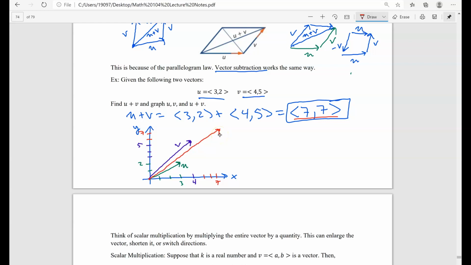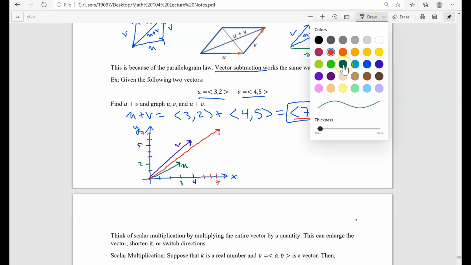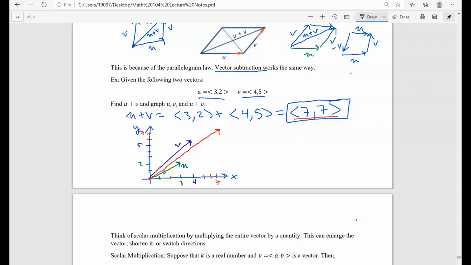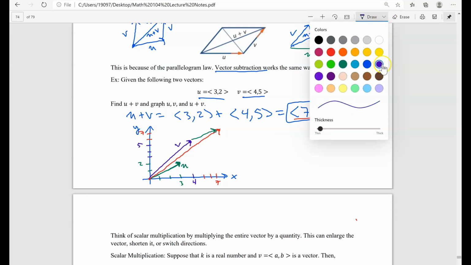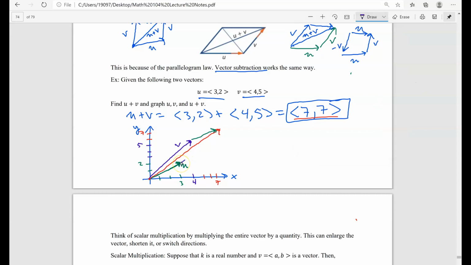This kind of makes sense because, like how we were looking at the parallelogram, you can make a parallelogram by moving this vector u up here. Notice that this guy is still vector u. If I then have the v vector go from this tail to this tail, notice that this is still vector v.